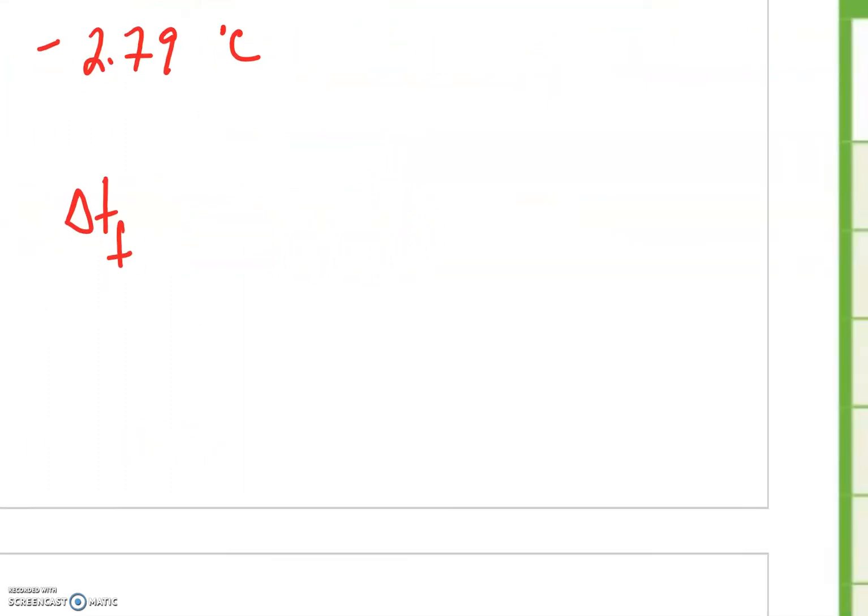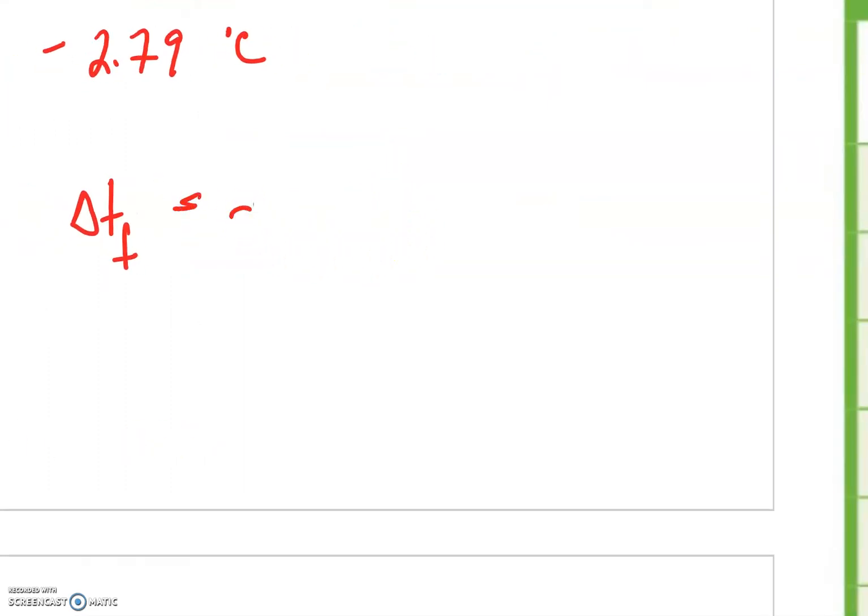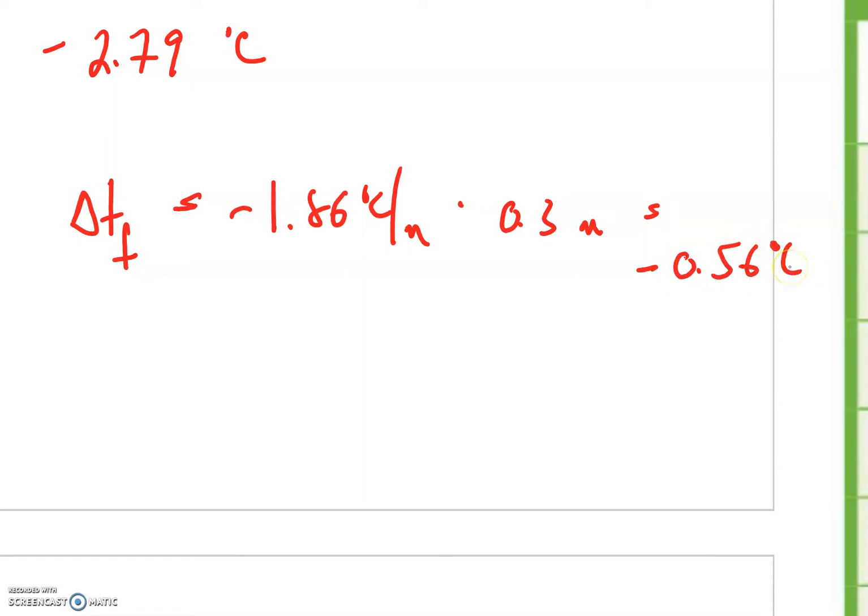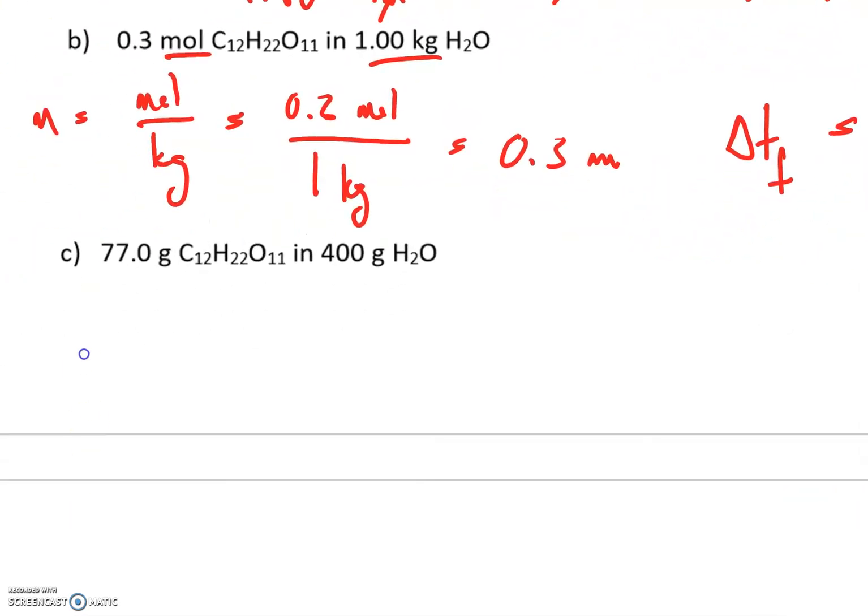Delta TF is equal to KF times M. You know the KF because it's in the table, and you just found the molality because you're extremely bright people. So negative 1.86 times 0.3 is negative 0.56 degrees Celsius.